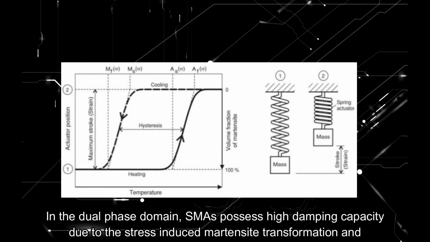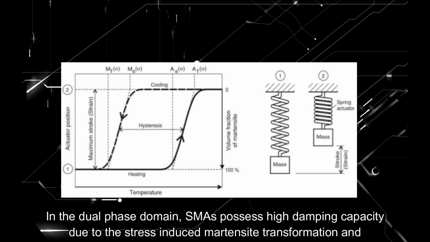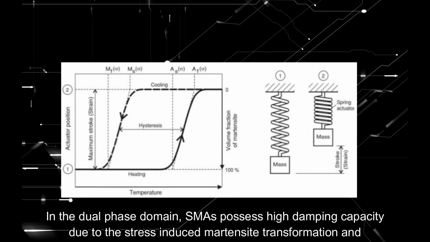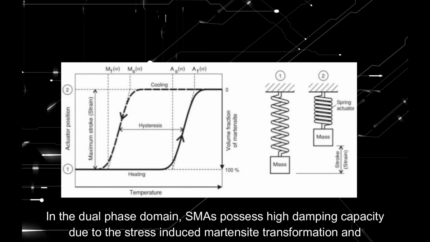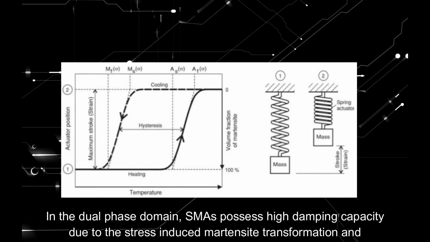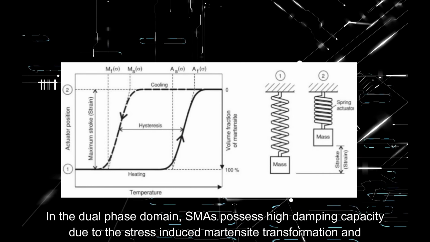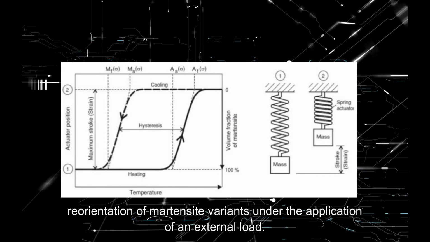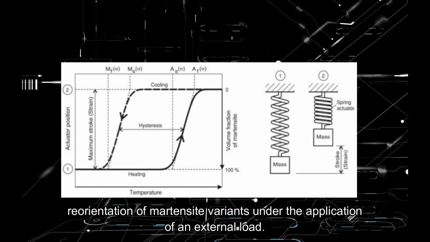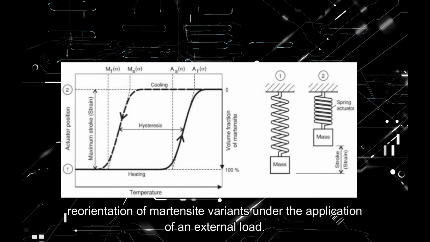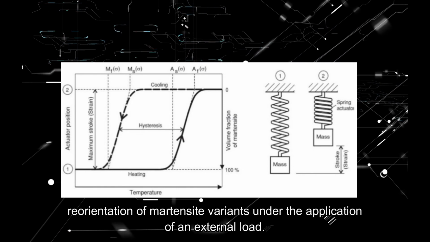To have a good damping effect, the shape memory alloy has to be in the dual phase domain, martensite plus austenite. In the dual phase domain, shape memory alloy possesses high damping capacity due to the stress-induced martensite transformation and reorientation of martensite variants under the application of an external load.